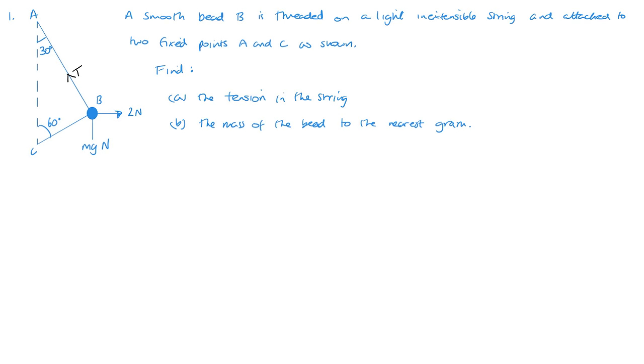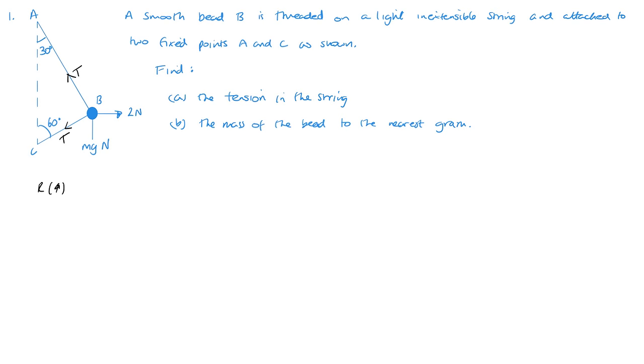So we've got tension going in these directions, and we need to find the tension in the string. So for this, I think we're going to resolve both vertically and horizontally. Now, to find the tension in the string, we'll probably resolve vertically.